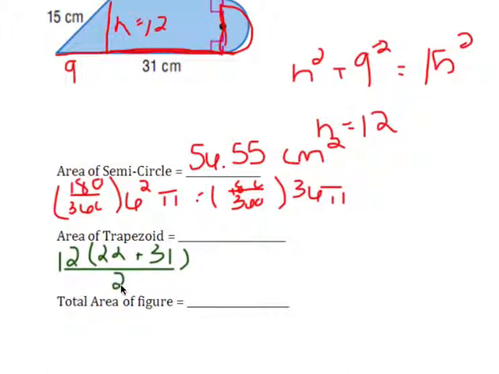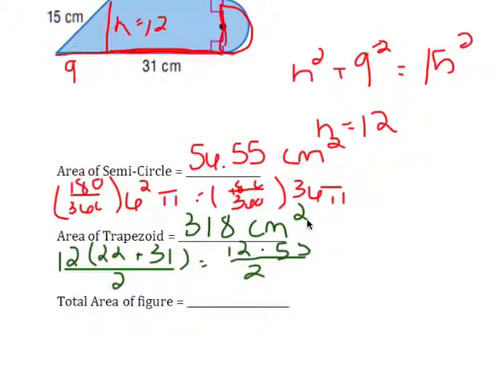So I'm going to take the extra step and add the bases. So then I get 12 times 53 divided by 2. So that's what I'm going to punch in my calculator, 12 times 53 divided by 2, and that gives me 318 centimeters squared. So that's the area of the trapezoid.